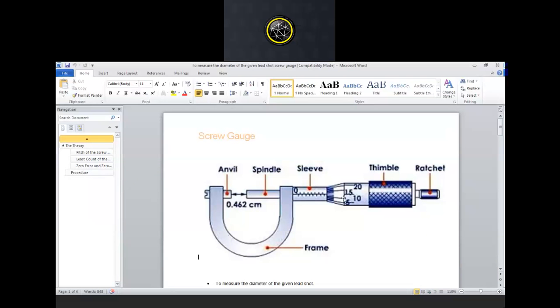The thimble will move towards the zero, or the spindle will also move towards the anvil. Clear?